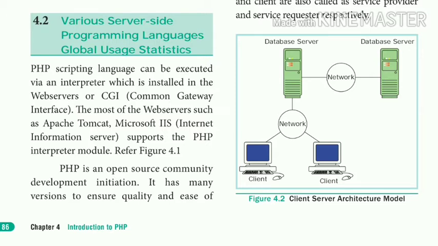So PHP scripting language can be executed by an interpreter which is installed in the web server or CGI, Common Gateway Interface. So this program should be installed in server or in the Common Gateway Interface, so that this PHP will get the code, execute and tell you the results. Most of the web servers such as Apache Tomcat, Microsoft IIS, Internet Information Service Server support PHP interpreter module.